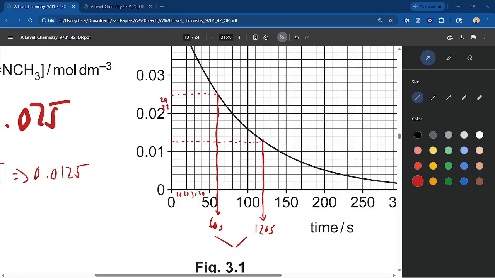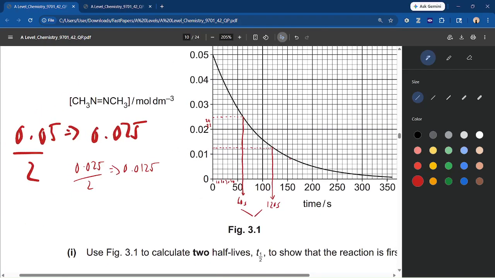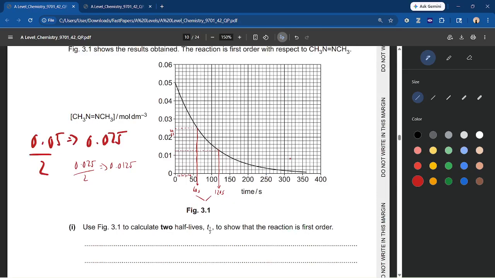So would you look at that? The time is constant. We're noticing that the two half-lives increase by a constant amount, so we can tell that these are first order.